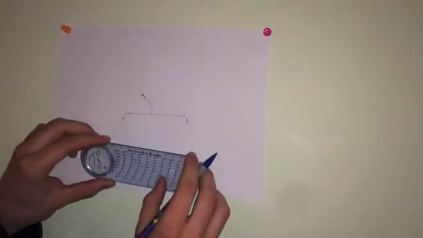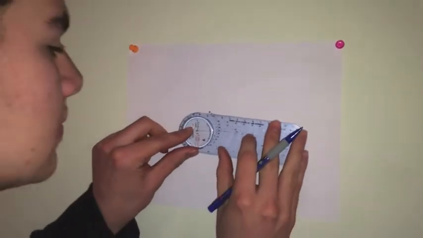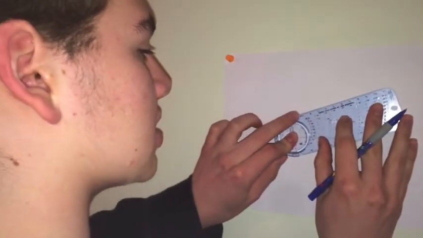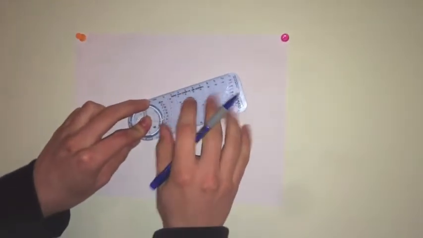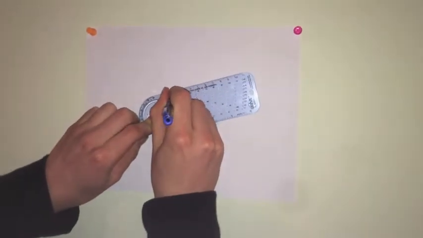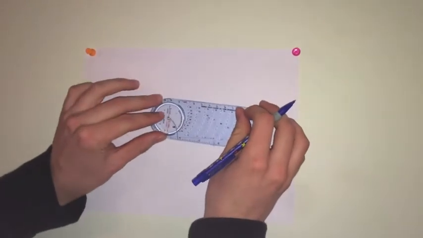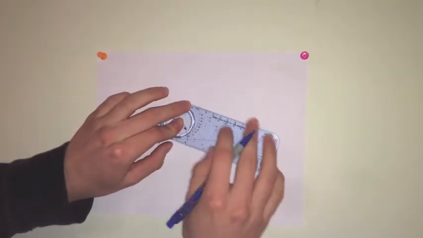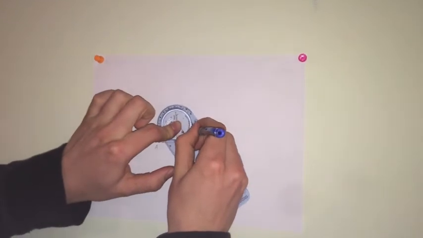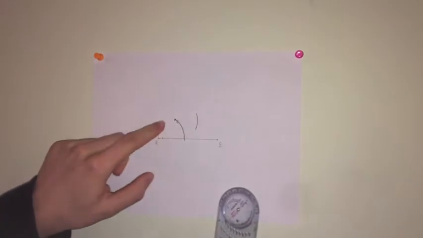Now it's time to make parallel lines. To make parallel lines, you first place a point on either side of the point you're trying to make a parallel line with. You find what hole matches up with the point you're trying to make a parallel line with, and draw an arc that goes all the way to the bottom. Now, use the same hole and make arcs that go to either side of the point.